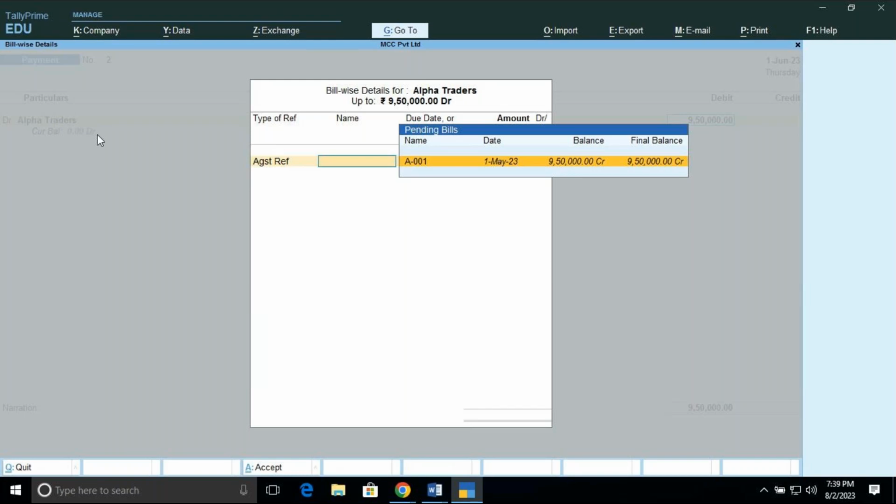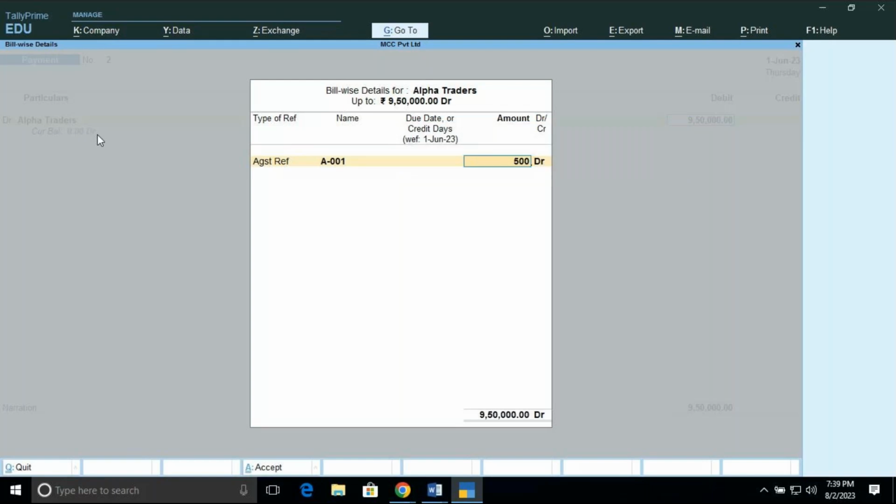You can fully pay the amount, or you can make part payment also. Let us say I'll just change the scenario. I'll not say full amount due. I'll say 5 lakh against 950. So I'll call Alpha Traders and tell him, please accept 5 lakh. Subsequently, I'll send you the balance. So enter. You say 5 lakh. Enter.